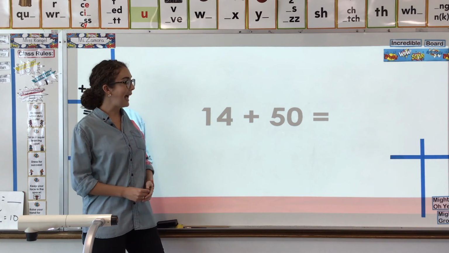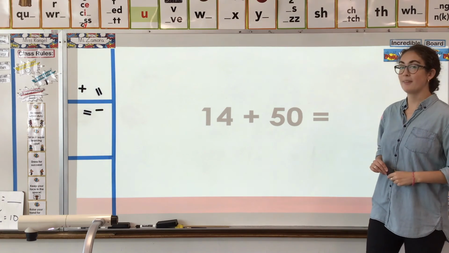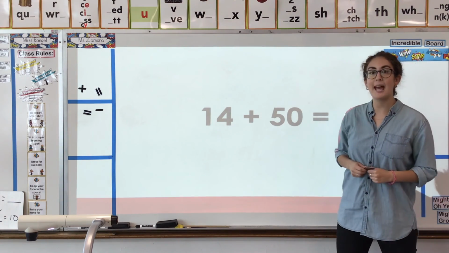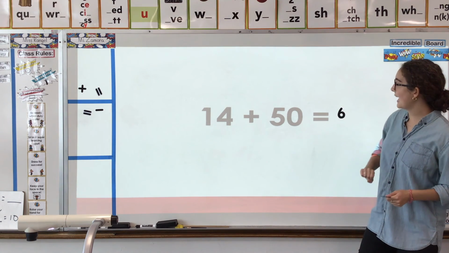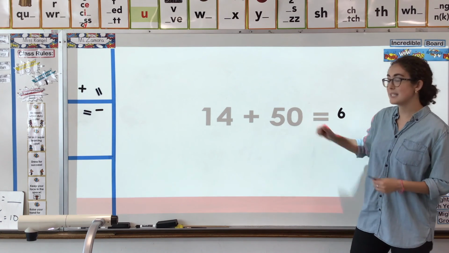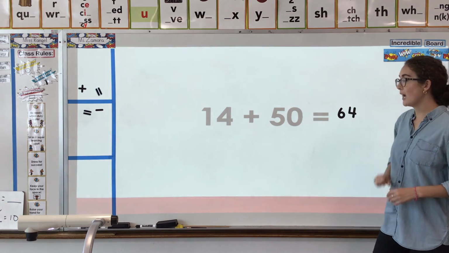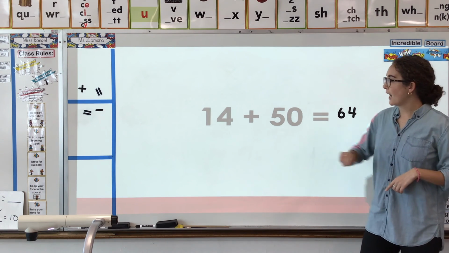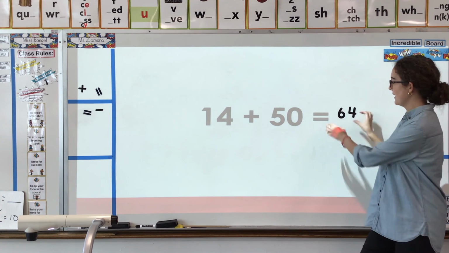So I want you to add numbers in the same place together. In the tens, 1 ten plus 5 tens is 6 tens, and 4 plus 0 is 4. So our answer is 64. 14 plus 50 equals 64.